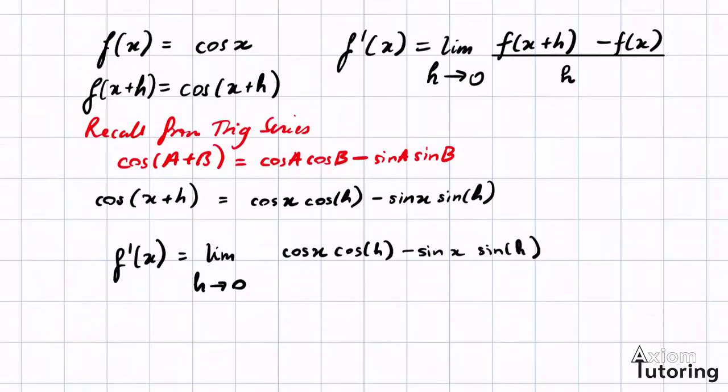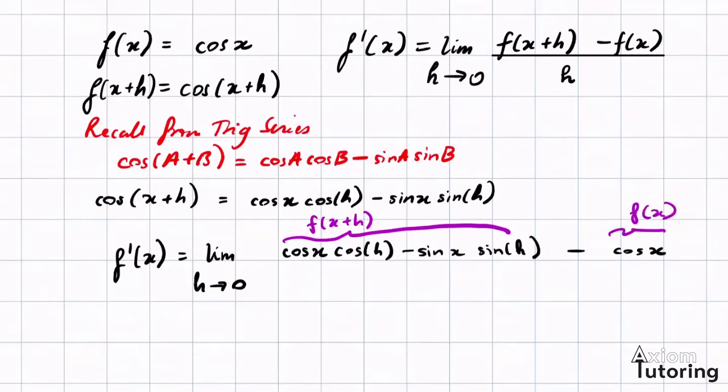And I will just label that this is in fact f of x plus h, minus f of x, which is just our cos x, all over h.